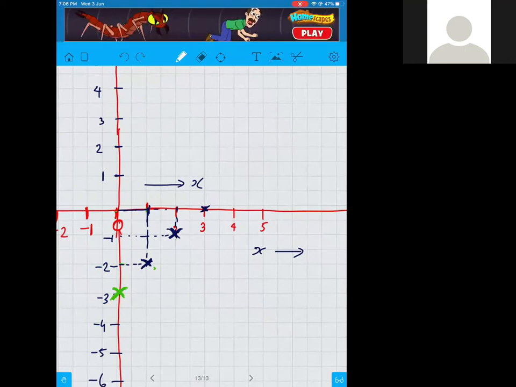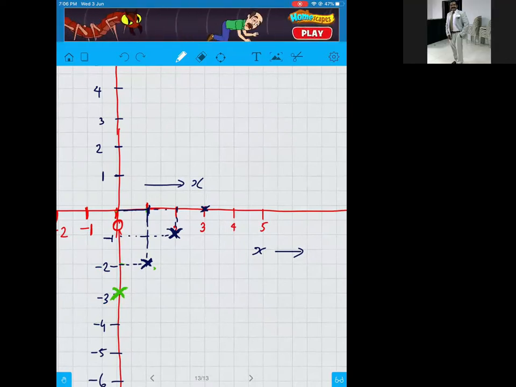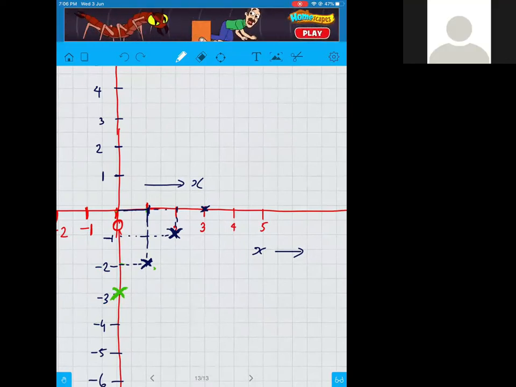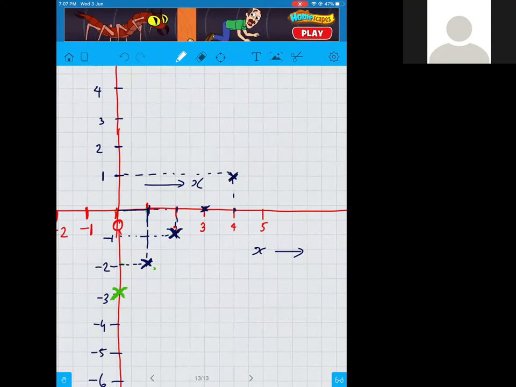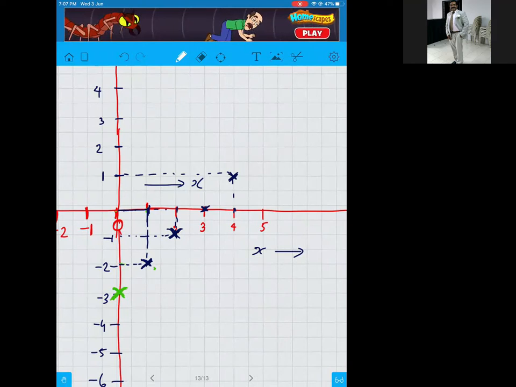When x is equal to 4, what is the y coordinate? 1. So x is equal to 4, the positive one. Positive one means going up. So this is the next point, correct? When x is equal to 5, what is the y coordinate? 2. So when x is equal to 5, the y coordinate is 2.